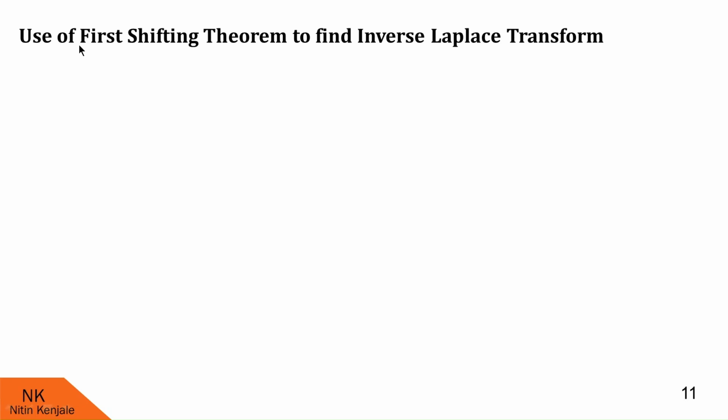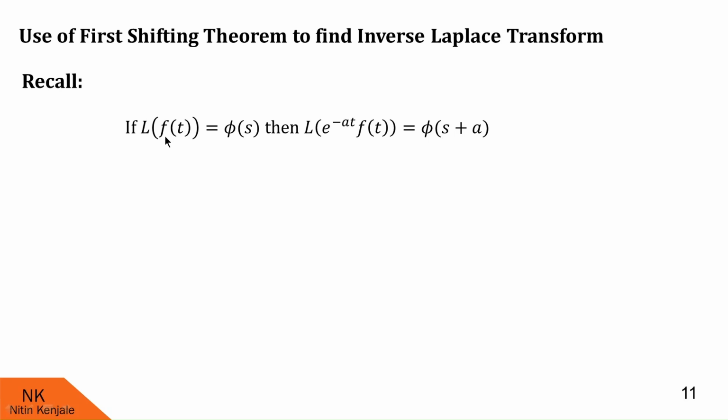First of all, we recall first shifting theorem. It states that if Laplace transform of f of t is equal to phi of s, then Laplace of e raised to minus at into f of t is equal to phi of s plus a. Now, operating L inverse on both sides of this, we get e raised to minus at into f of t is equal to L inverse of phi of s plus a.